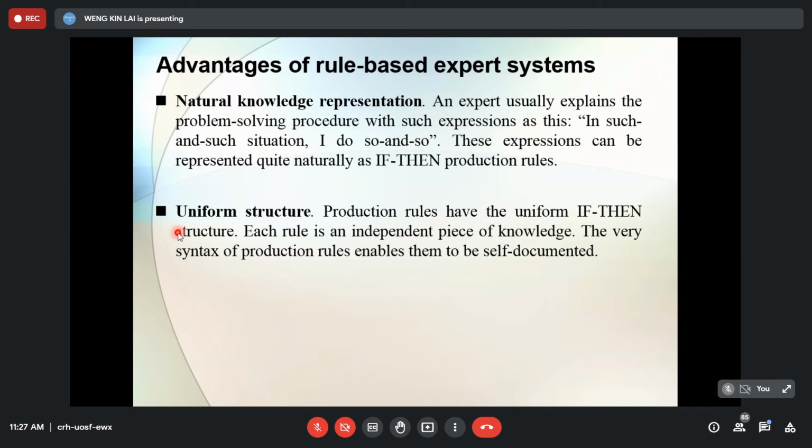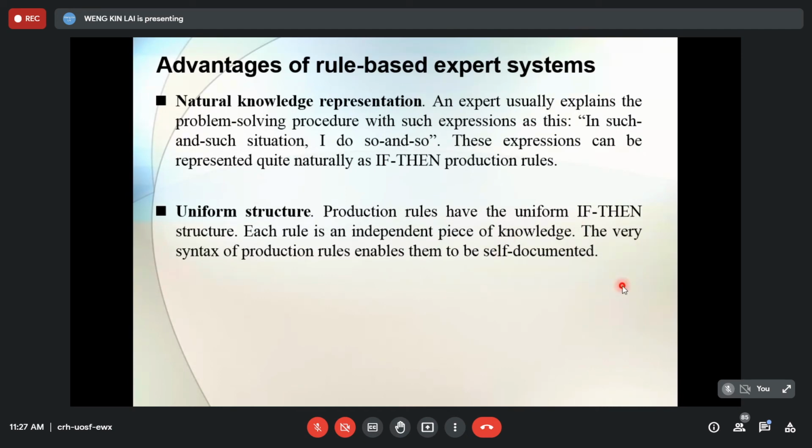Now, each rule is an independent piece of knowledge. Each rule by itself will capture one piece of information or knowledge about that subject. It's because of this uniform structure, the very syntax, the way such knowledge is represented. The very syntax of such production rules enables them to be self-documented.